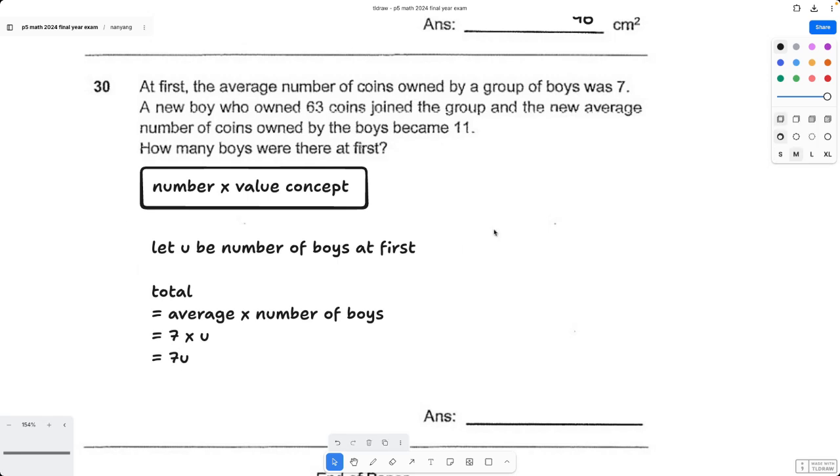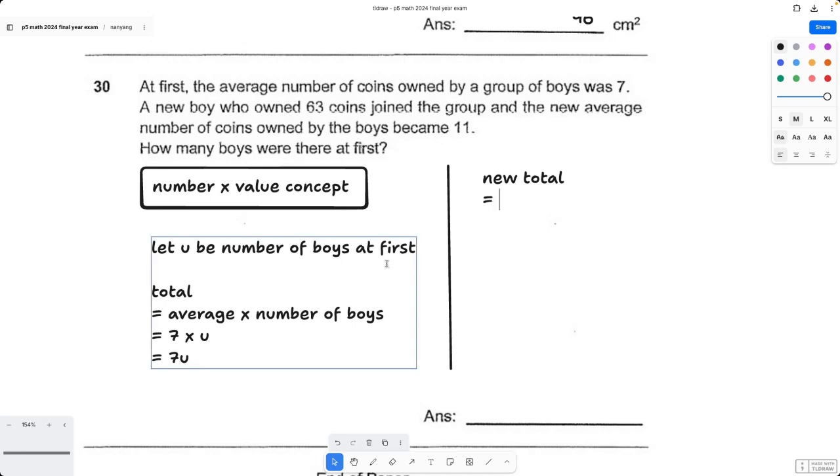Okay, in this case. All right, then after that, the next thing is a new boy who owned 63 joined the group. So new total, right? So at first we have u, right? And then basically the average 11, new number of boys.